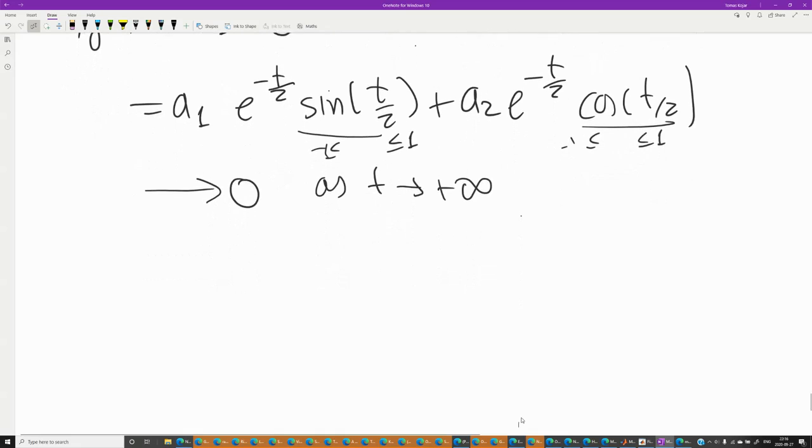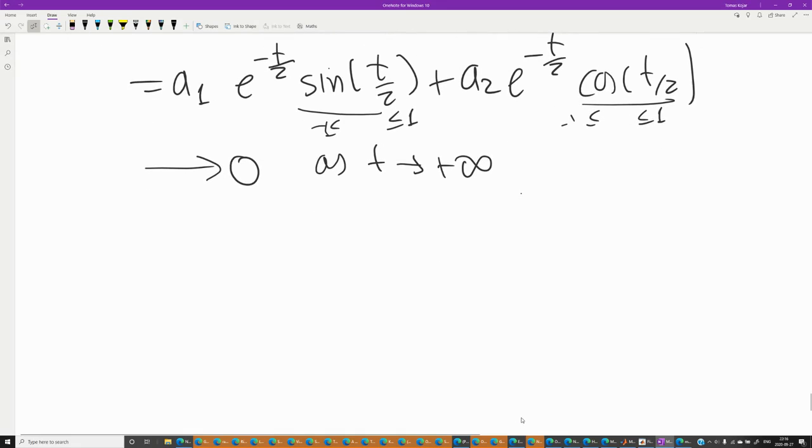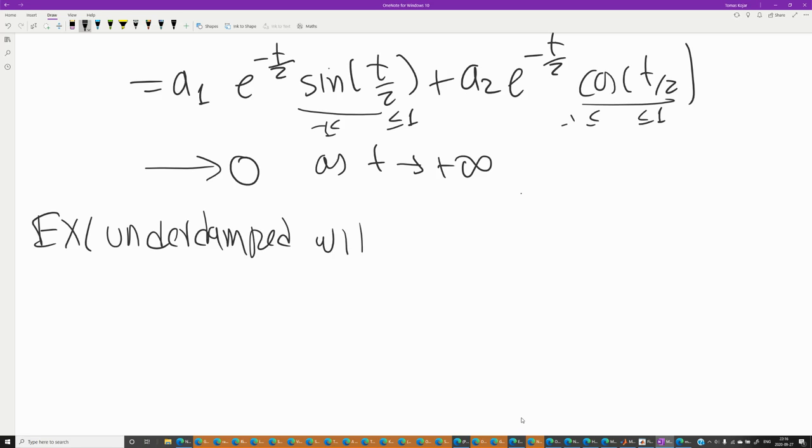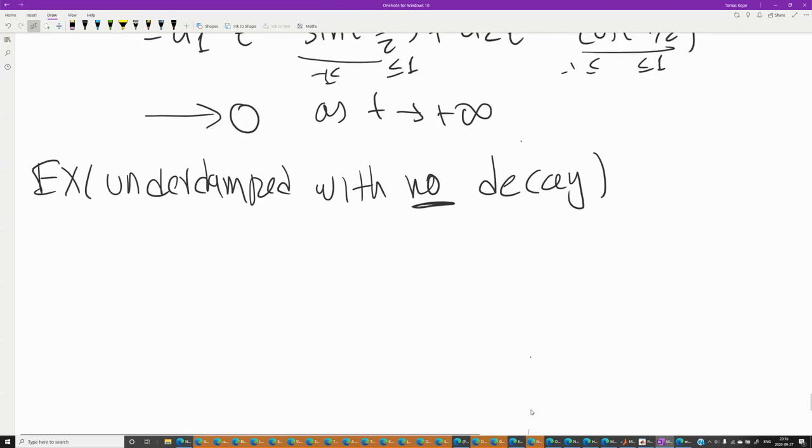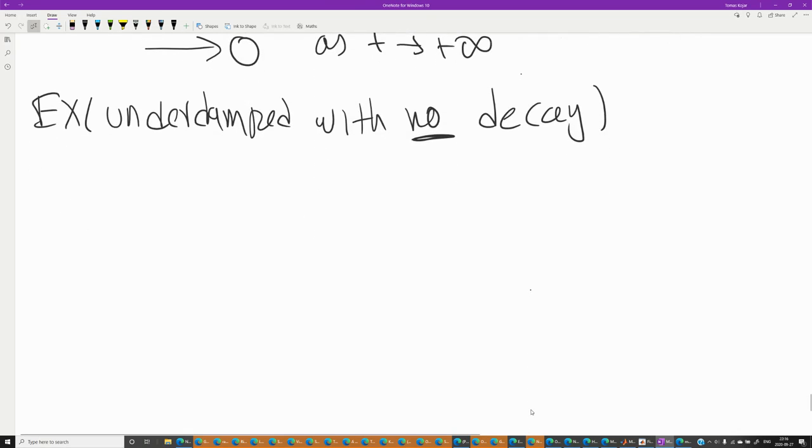Okay, one more example. Underdamped with no decay. So zero resistance.